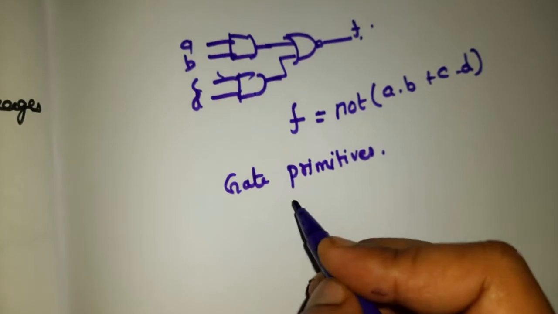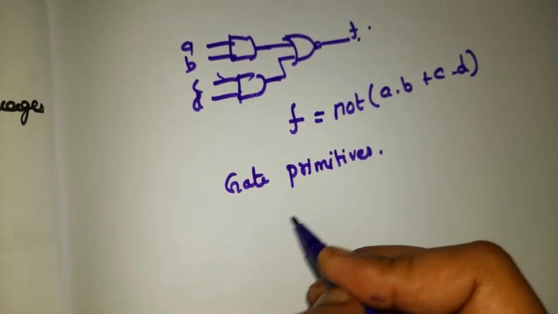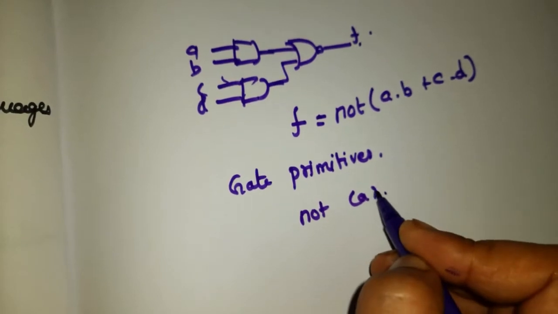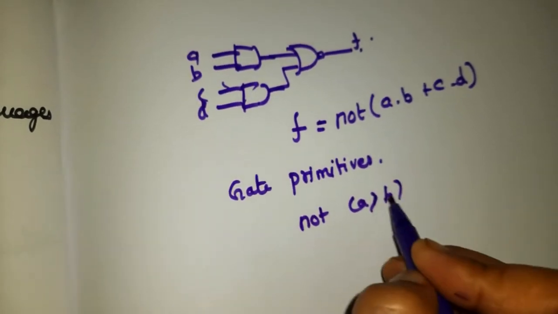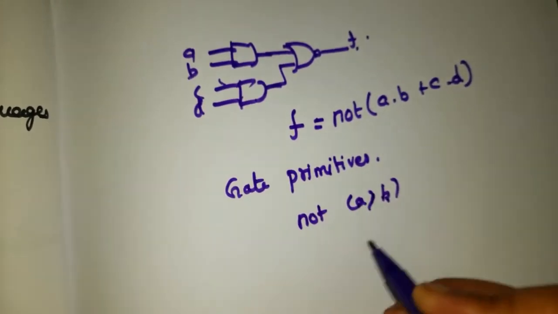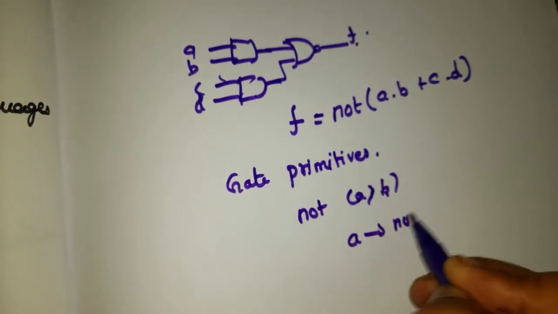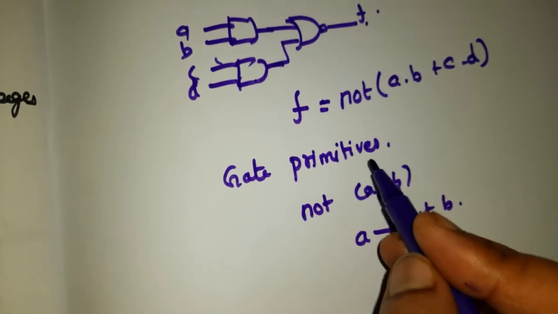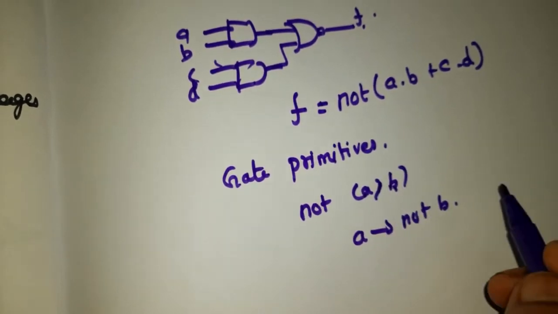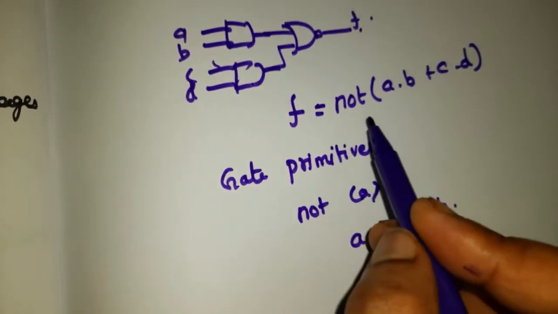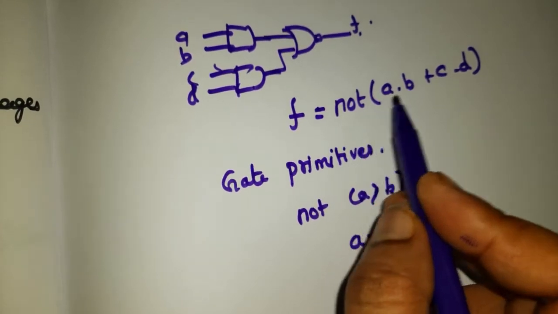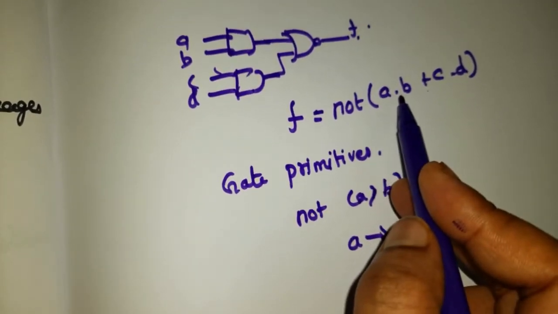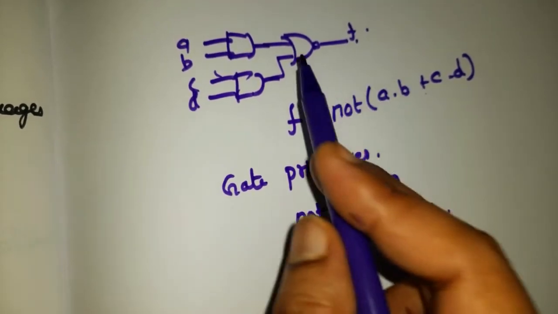For a NOT function we just mention NOT of A, B, where A is the output and B is the input, which means A is equal to NOT of B. By using these gate primitives we can define any digital system. Here we are using NOT gate, AND gate and OR gate, or otherwise AND gate, OR gate and NOR gate.